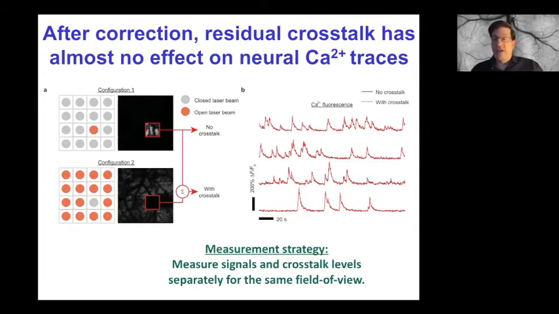And the way that we tested this, in essence, was to look at all the crosstalk from 15 tiles into one tile, and you can do that by turning off one beam and keeping the other 15 on, or you can do the reverse and have just the signal from one tile in the absence of crosstalk from the others. And by comparing these, we were able to show that the net effect of crosstalk was very small.